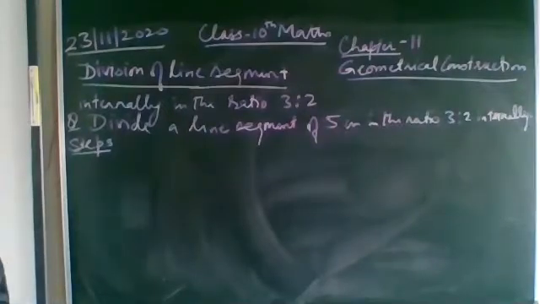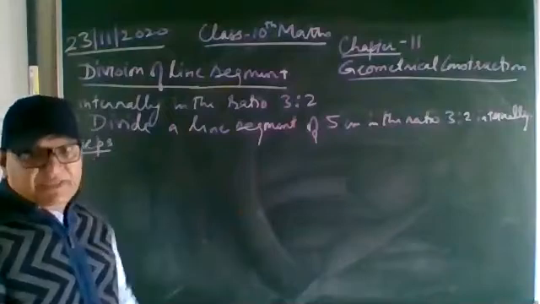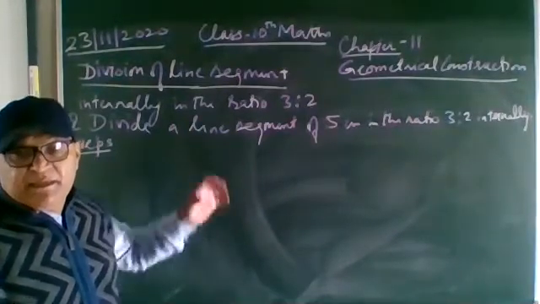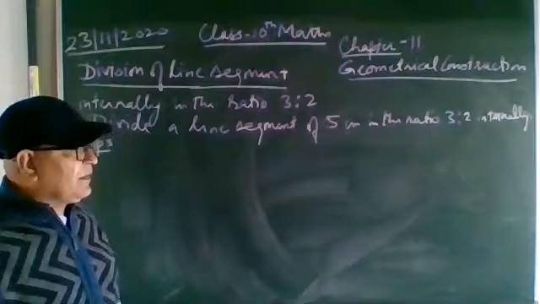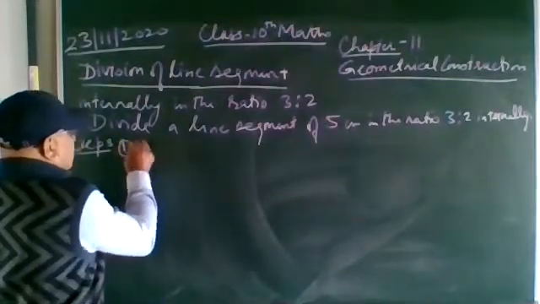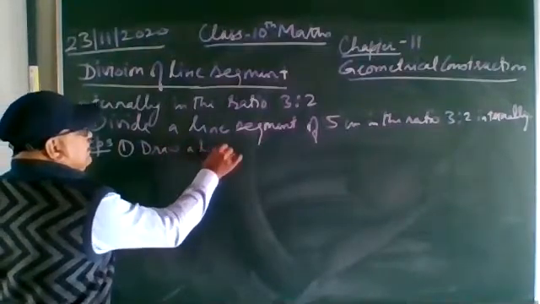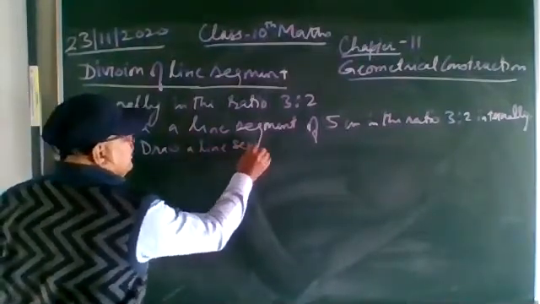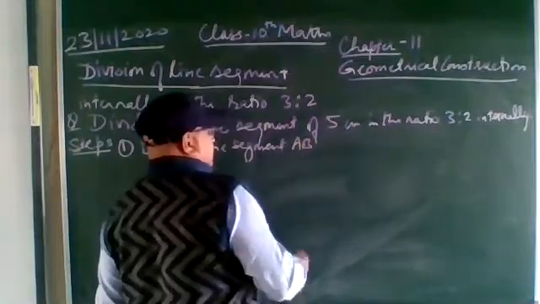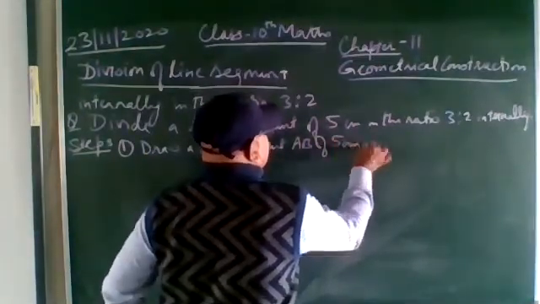Internally is what? That is, the point of division of the line segment will be between. If I say first, draw a line segment AB of 5 centimeter.